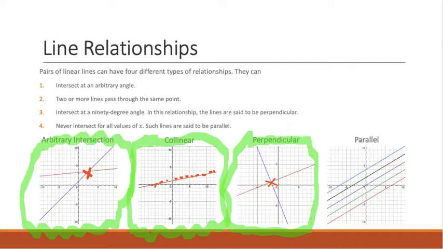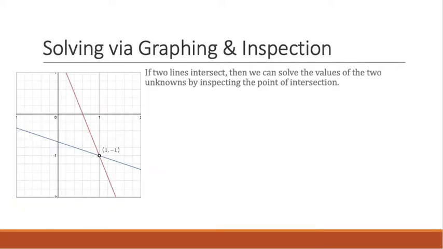But the odd one out is the parallel lines. With parallel lines, by definition, they don't intersect at all. So if we have a set of equations and they yield parallel lines, then there's simply going to be no solutions.